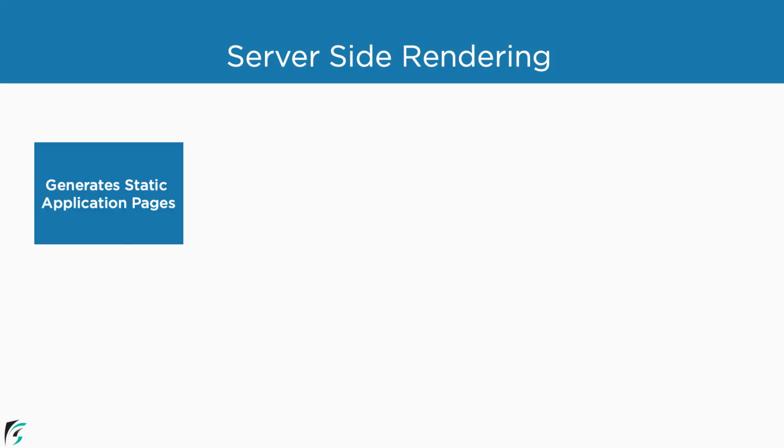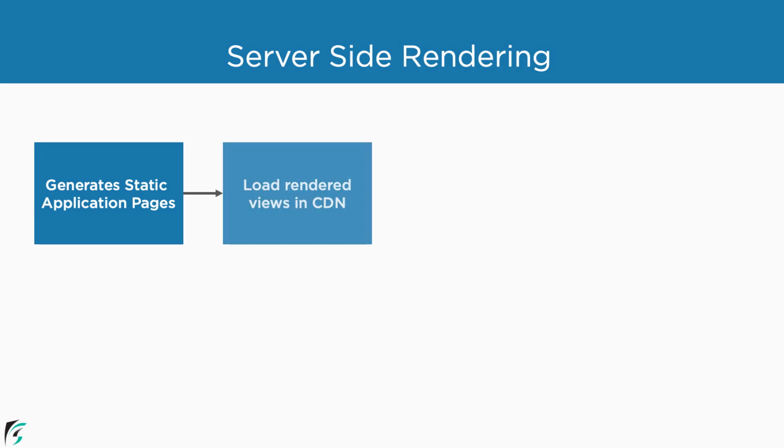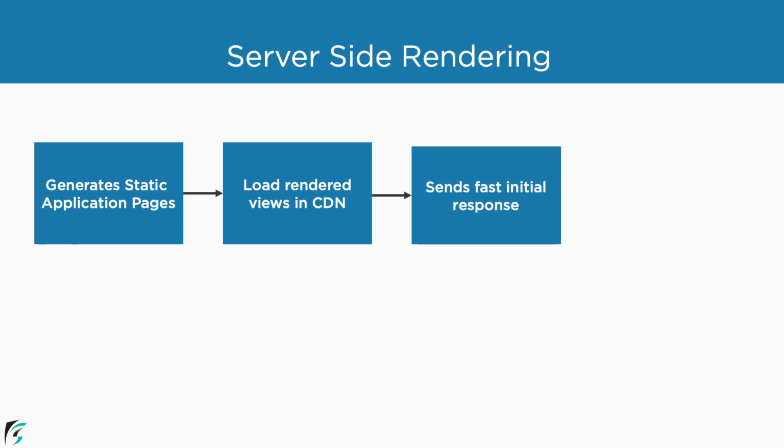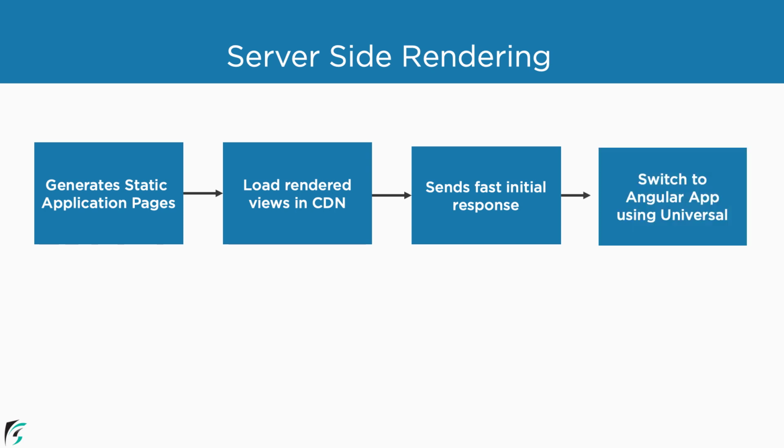Angular Universal generates the static application pages by processing our templates and creating HTML for each view. The rendered views are then loaded into the CDN. And when a request is sent for this view, it sends a fast initial response. Then afterwards, Universal will make the switch on the client side to a regular Angular application.